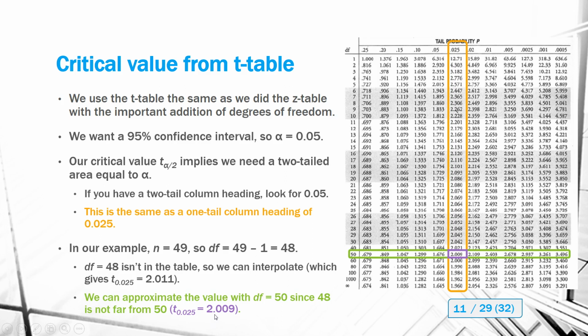Notice that with this approximation, because 48 is close to 50, the t-score I'm getting is not all that different. So 2.009 is not all that different from my interpolated value of 2.011. So this looks to be a pretty good assumption I'm making with the 48 being close to the 50.